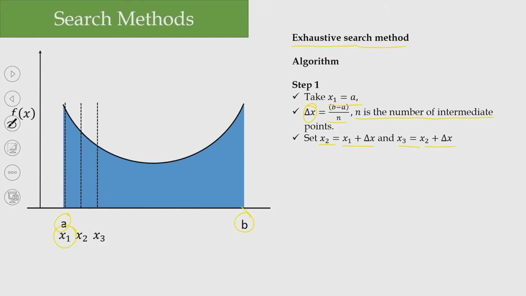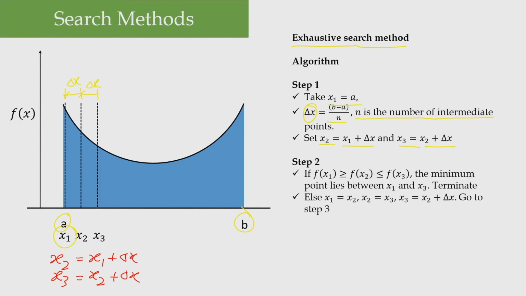So this is delta x and this is delta x. x1 is A, and then I get the other 2 points, x2 and x3.